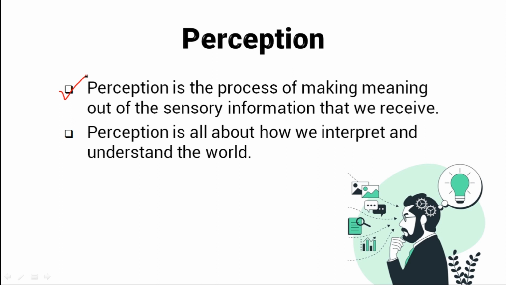So basically, our senses pick up all kinds of information from the outside world, and our brain takes that information and makes it meaningful to us. So perception is really about how we understand and interpret the things we see, hear, touch, taste and smell in our everyday lives. It is just how our senses and brain work together to help us understand the world.